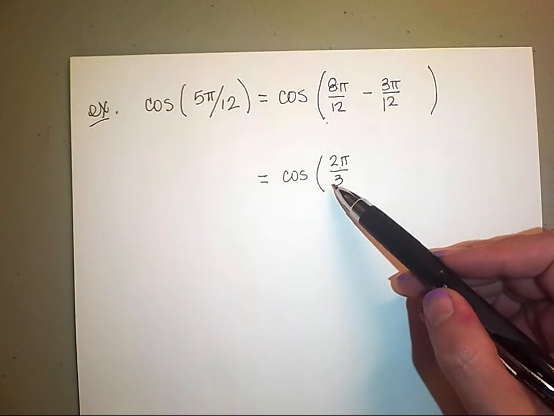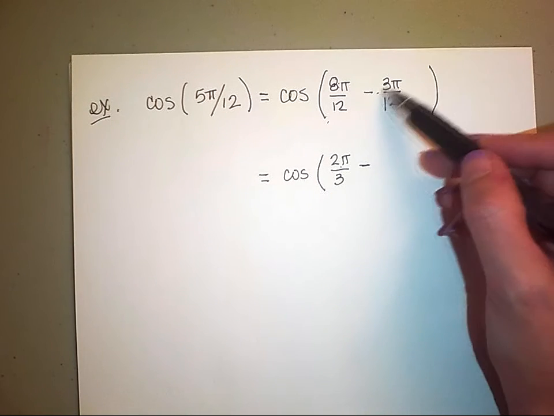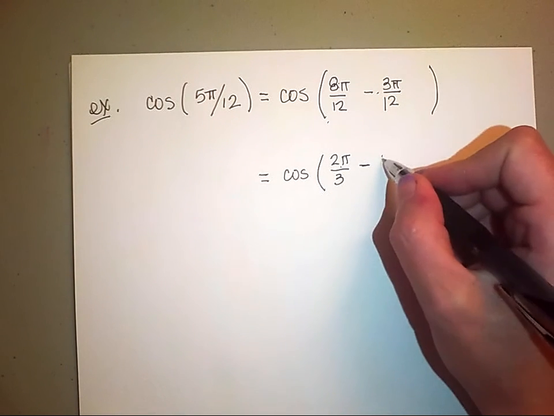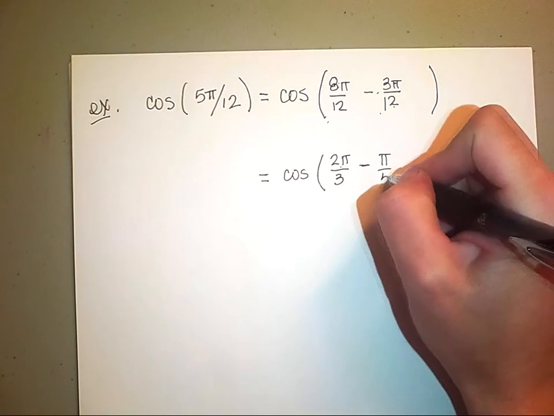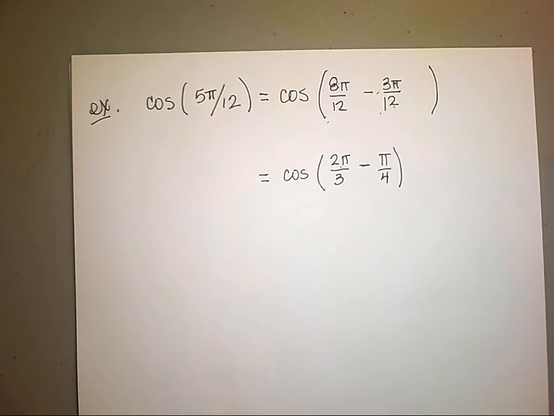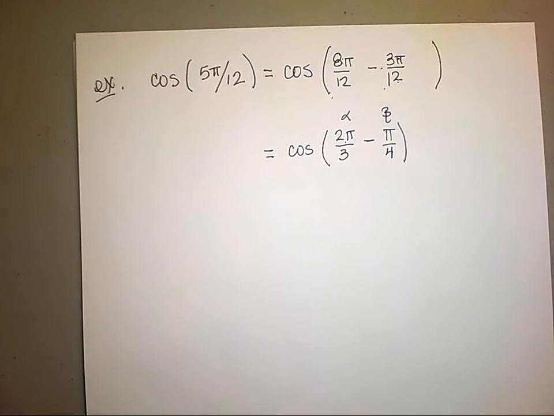So this reduces to 2 pi over 3, which is an angle that we know on the unit circle. And here 3 goes into 3 1 time, so we'll be left with just pi, and 3 goes into 12 4 times. Okay, so this is going to be our alpha, and this will be our beta.